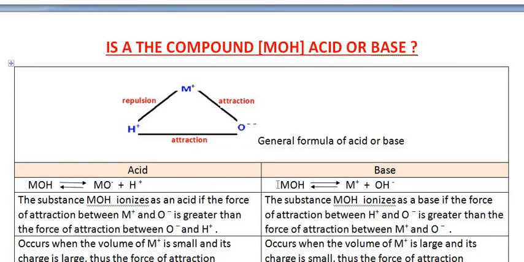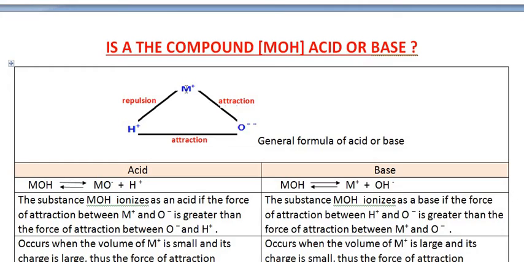How can you know if the substance ionizes as an acid or ionizes as a base? This depends on the nature of the element M. What is M? If M is a metal, metal means large atom.